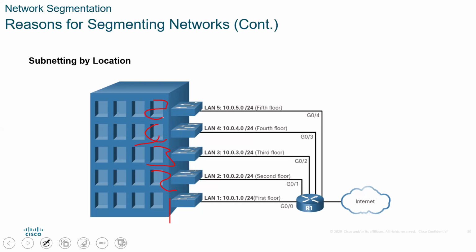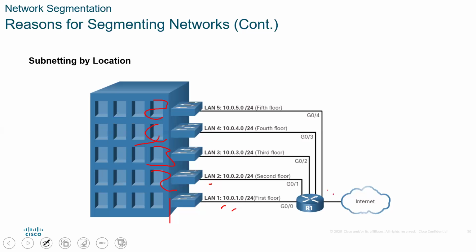So if you look at this IP block, from LAN 1, you see 10.0.1.0. LAN 2 says what? 10.0.2.0. The other one, 10.0.3.0. The next one, 10.0.4.0. 10.0.5.0. The IPs actually tell us that these are all on different segments.